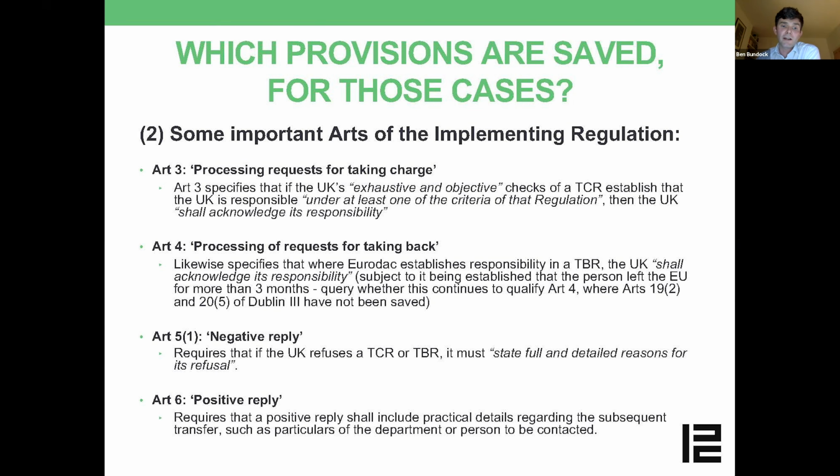Article 5 provides that the UK has to give full and detailed reasons for its refusal, and Article 6 that if it's a positive decision, then that has to be accompanied by the practical details and arrangements for how the requesting member state can effect transfer. So that's what's been saved for these cases that come in before the new year but aren't determined before the new year.